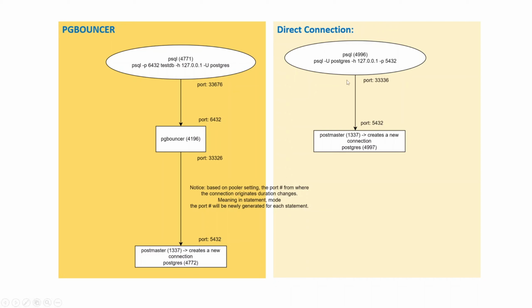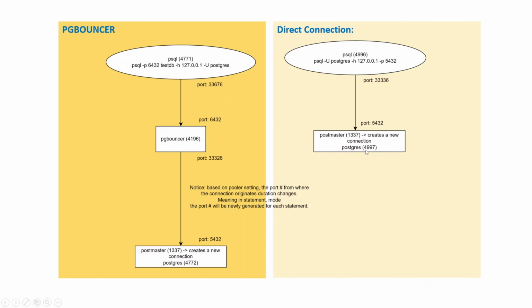But in the case of a psql direct connection, I don't have to tell you a lot. In this case, you will initiate a connection as the user postgres, for example, to the host 127.0.0.1 port number 5432, and then it initiates from an outgoing port number, 33336, and it lands at 5432 of 127.0.0.1, and then postmaster creates a new session for the end user.